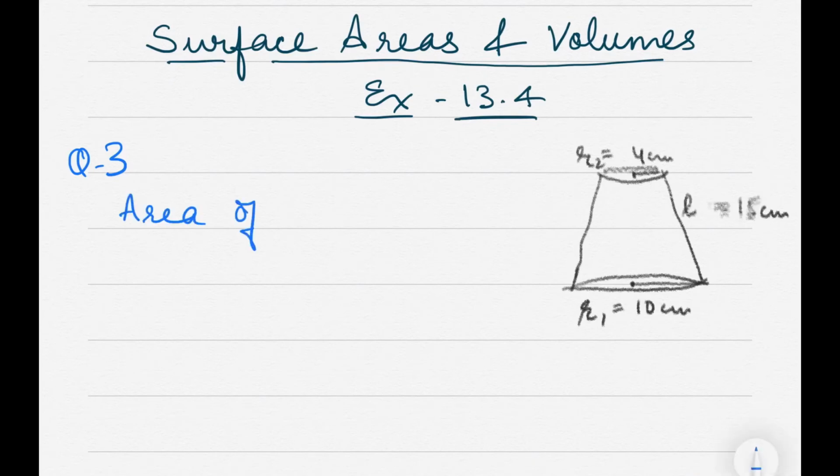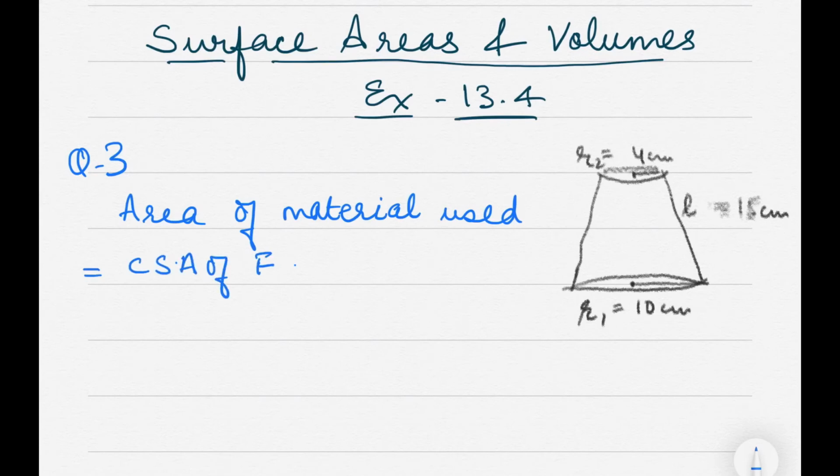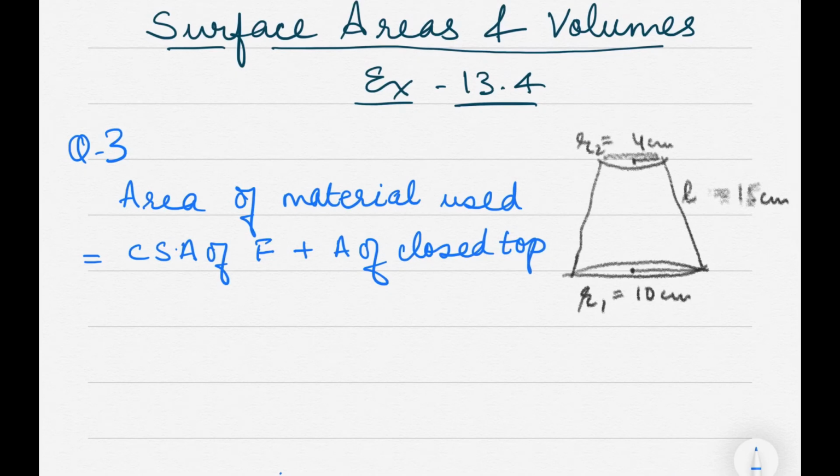So I would say the area of material used will be equal to the curved surface area of frustum plus the area of closed top, I can say, right? The top is closed in this case, correct?